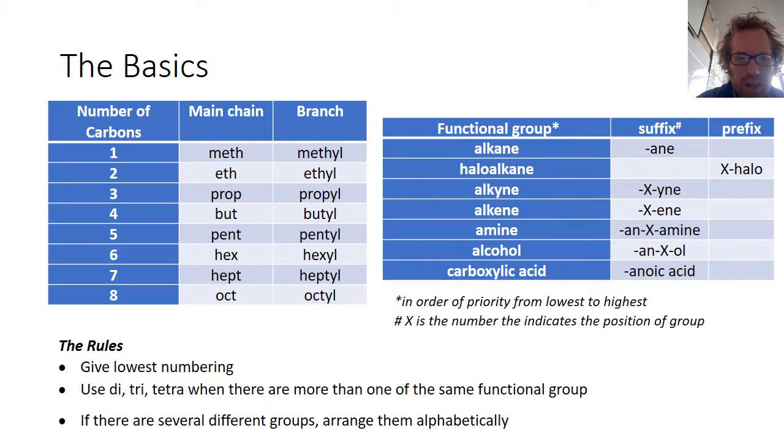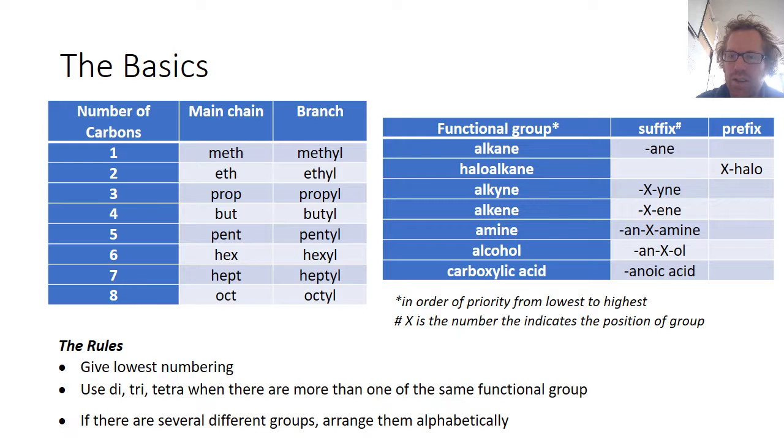I'm sure it's locked away, but 1 equals meth, eth for 2, etc. And then if they're used as a branch, then we use methyl, ethyl, propyl, butyl, pentyl, hexyl, etc. And that becomes useful because we will use these branch names also when we name things such as esters or amides. So it'll come back to us. So make sure you revise that.